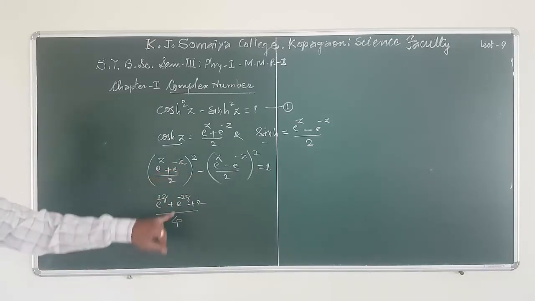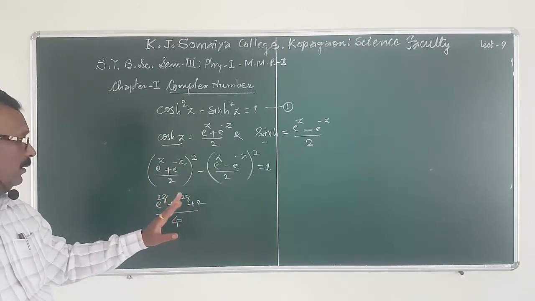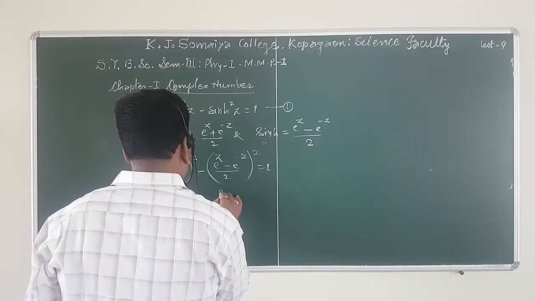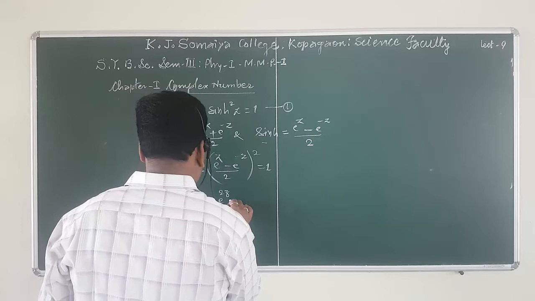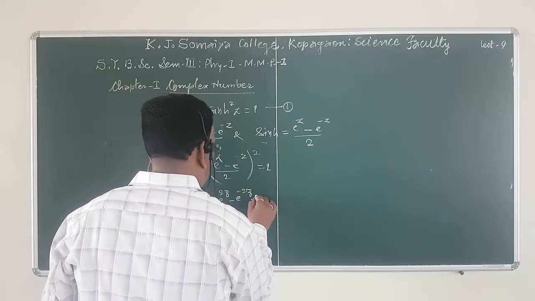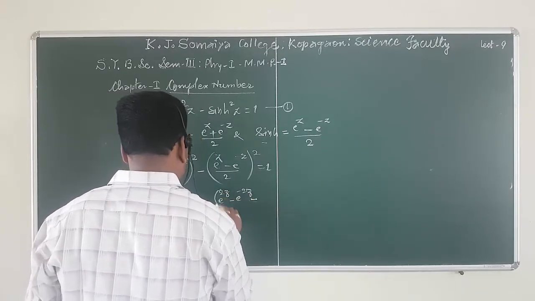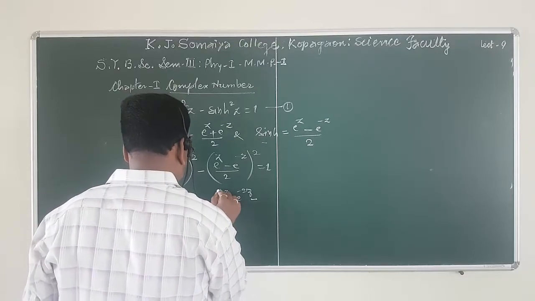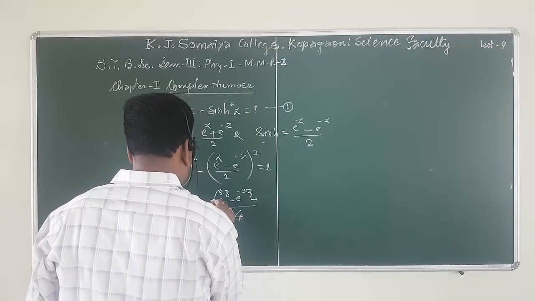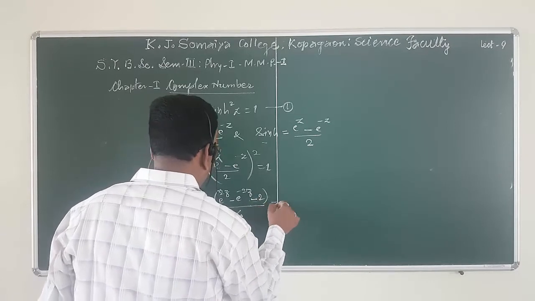This is just the square of 2 is 4, and (a plus b) whole square is a square plus b square plus twice ab. Minus e raised to 2z minus e raised to minus 2z plus 2, sorry, minus minus plus 2 upon 4, is equal to 1.